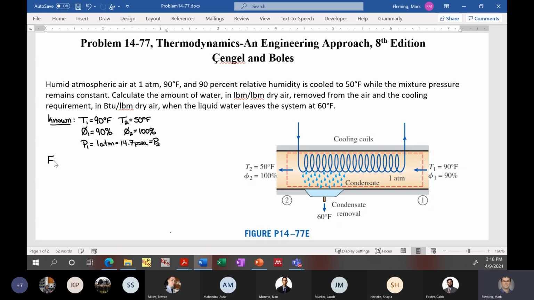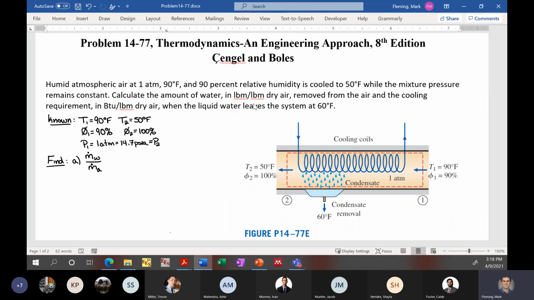What we're going to be looking for in terms of the find statement: for the first part, we're looking for the mass of the water vapor that condenses. So this will be the mass of the liquid water divided by the mass of the dry air. Since we note this is an open system, we're going to do this as a mass flow rate per mass flow rate calculation.